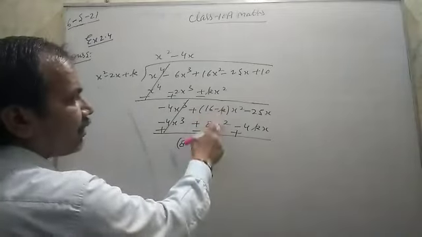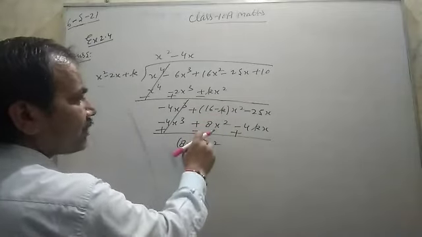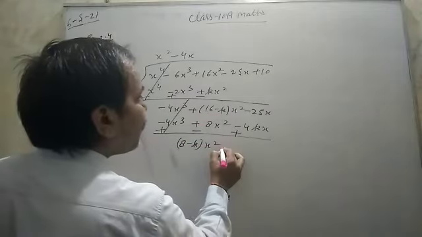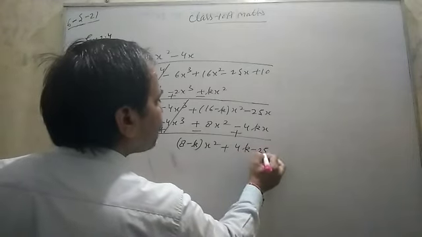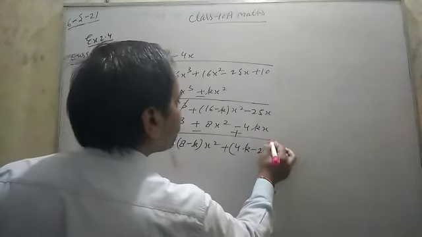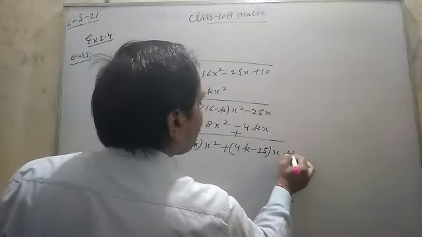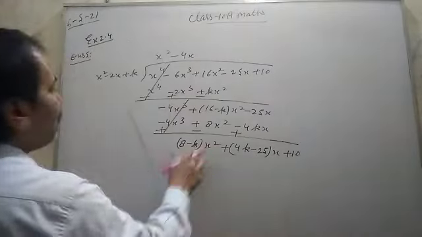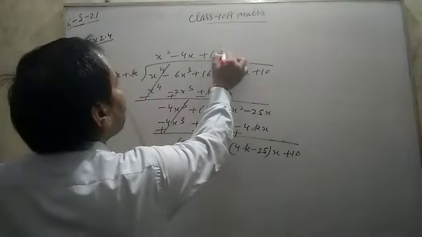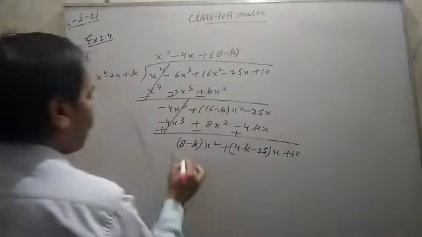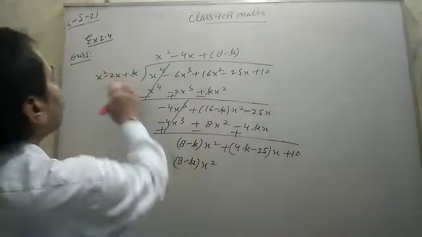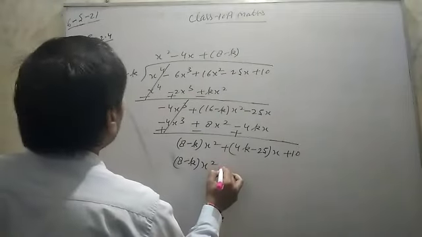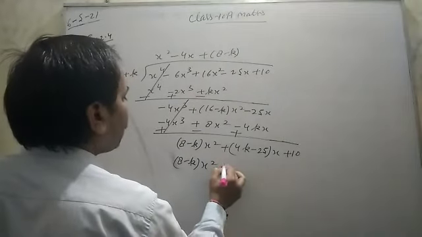Taking x square common: 16 minus k minus 8, that is 8 minus k, and here taking x common, 4k minus 25x, and then plus 10 also remains. So plus 8 minus k, multiply by this, then minus plus you write.